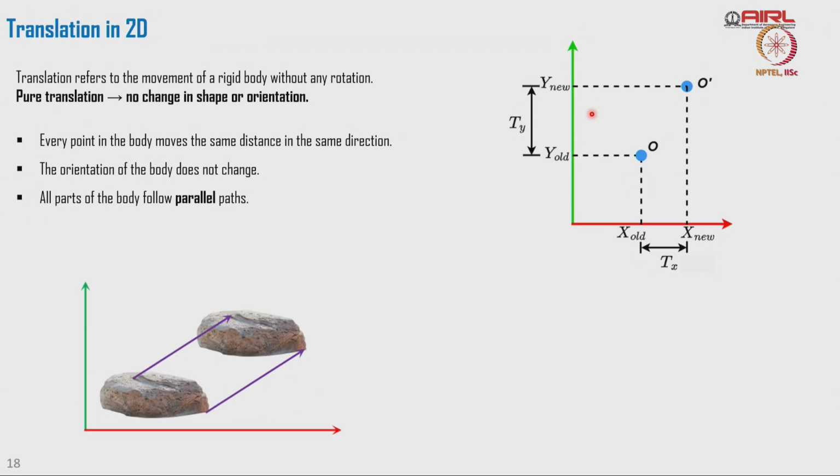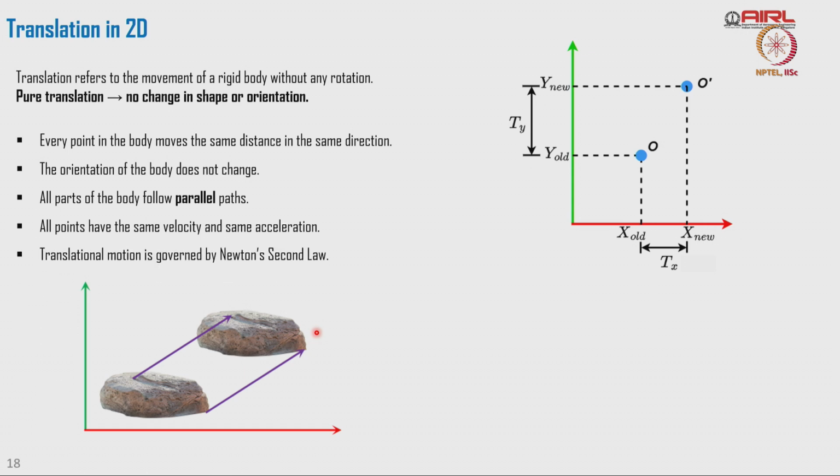For example, if I am looking at a rigid body translating from a point O to O prime, any point I take here will move the same distance and have a parallel path, because the orientation of this rigid body does not change. All points of the body will have the same velocity and the same acceleration in the motion.